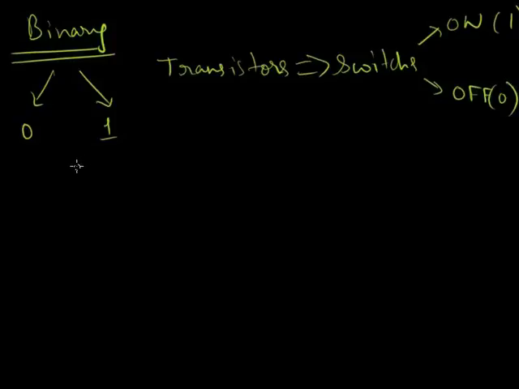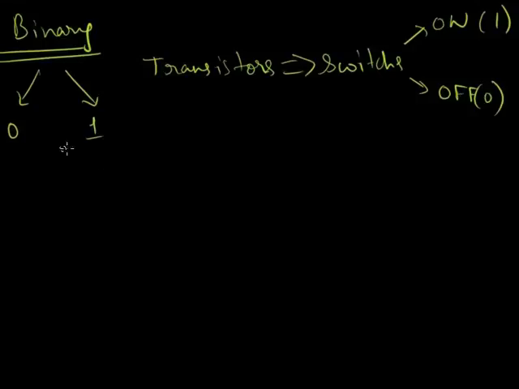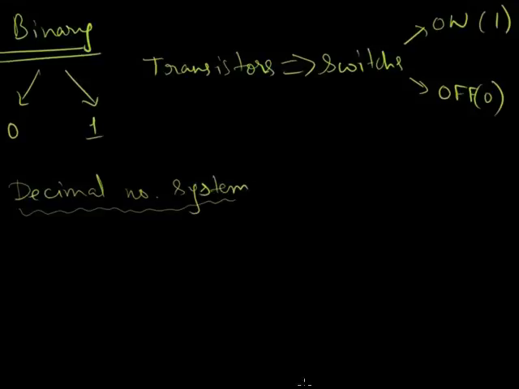Now there arises a small problem here. We humans understand the decimal number system. So we have, let us say for example, a number 123. How do we recognize that it's number 123?